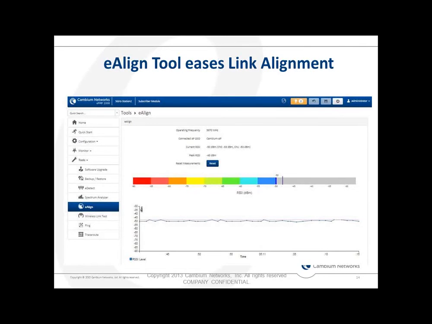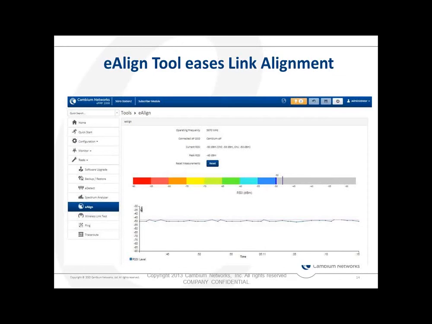Once the radio links up initially with the master, it has this graphical screen that shows you the received signal strength indication, and this gets updated every half second. So it gets updated very rapidly, and you can look at it when you're trying to do that fine alignment of your point-to-point radio in order to optimize it.